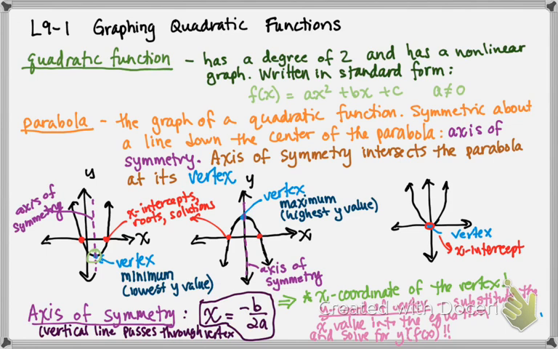So, the number one thing that I need to do when I want to graph is figure out the coordinates of the vertex. The coordinates of the vertex are going to lead me to the second part, which is I need 5 points in order to graph. But we're not going to pick willy-nilly any 5 points. We're going to pick smart 5 points.